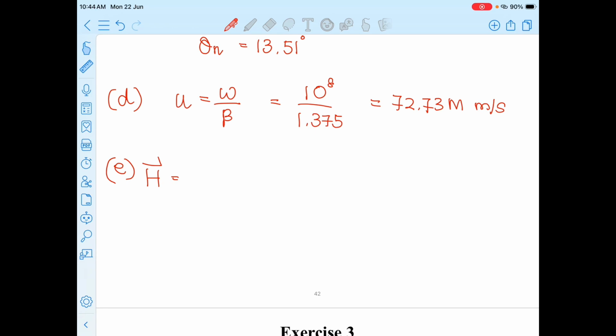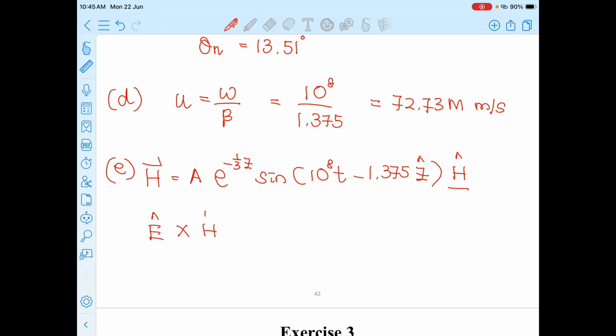So this is equal to your amplitude, and if you consider the attenuation constant here, we have sine of 10 power 8 t minus 1.375 z. This is the beta. And for my H, we need to determine the direction. So now let's determine the direction of the H by using these formulas.